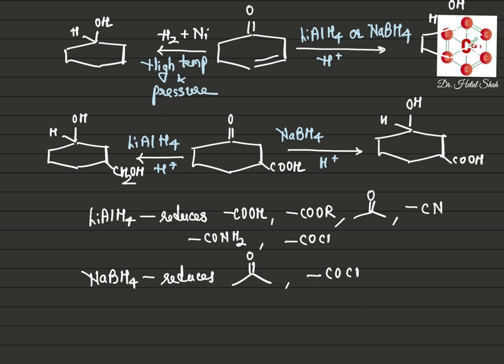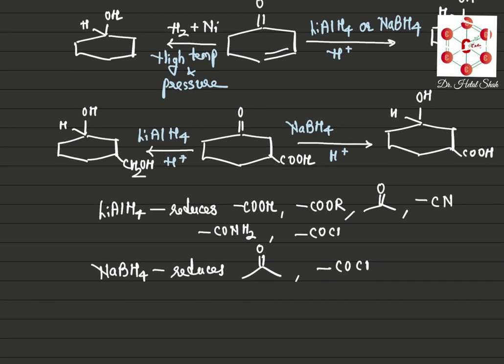I would now show you how acids and esters can be converted into corresponding alcohols by reduction. I've talked about aldehydes and ketones being reduced by sodium borohydride and lithium aluminum hydride. Now I would talk about how acids and esters can be reduced in the same manner to alcohols.